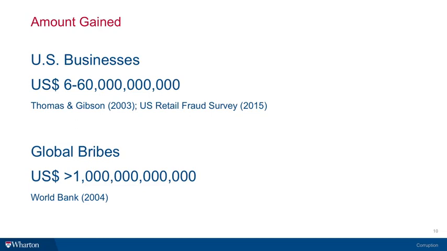Their estimate, based on surveys, based on extrapolation from interviews with bribe-taking officials, based on extrapolation from investigations into World Bank projects and the projects based on or related to World Bank projects, is that the amount that has been accrued, the amount gained through bribery, exceeds $1 trillion.